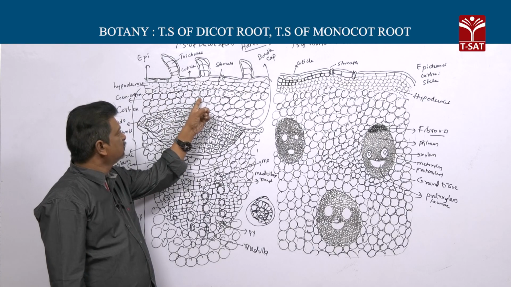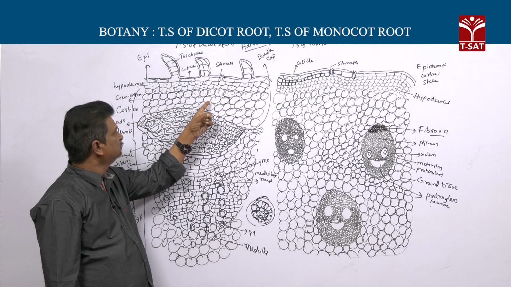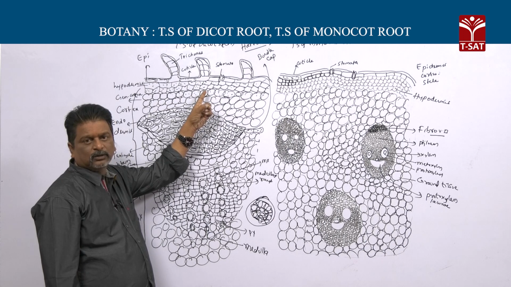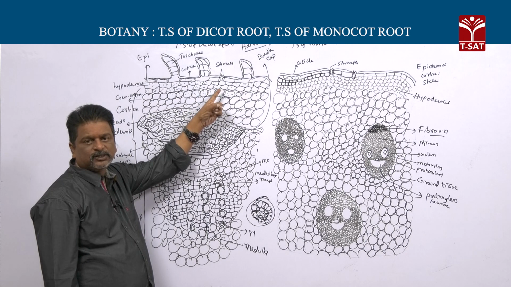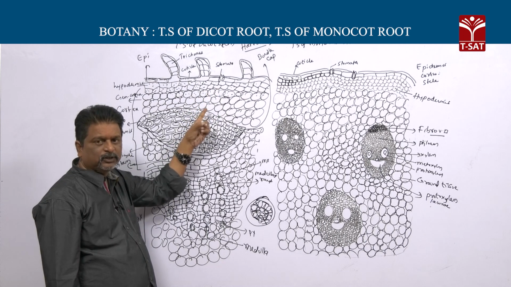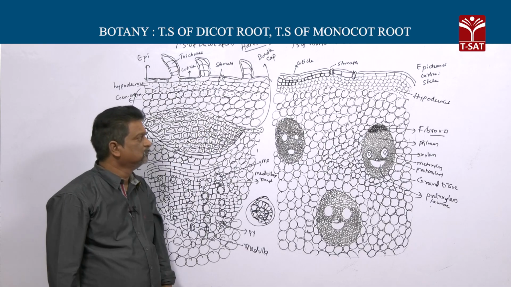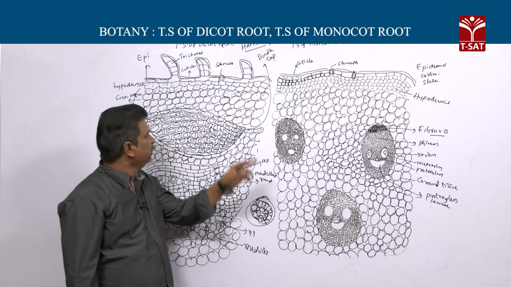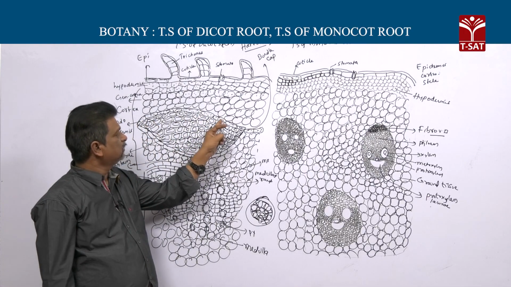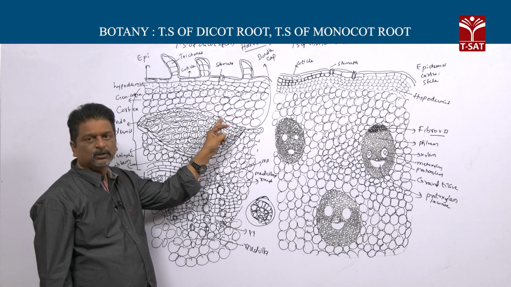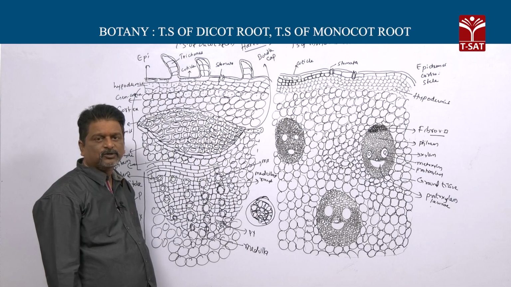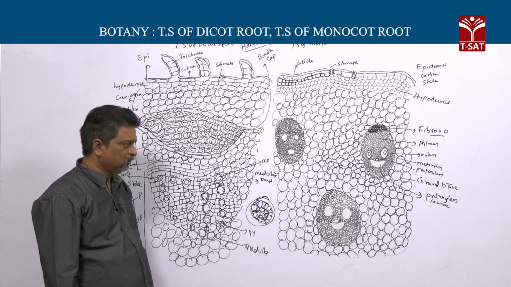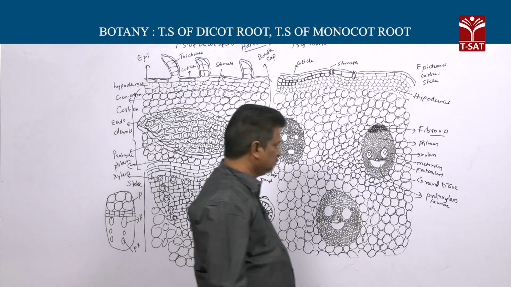Then middle cortex, that is called general cortex. General cortex, outer cortical cells perform photosynthesis, inner cortex storage, but here general cortex is absent. Then endodermis, innermost layer of cortex called endodermis. In dicot stem, endodermis stores starch, so it is called starch sheath.